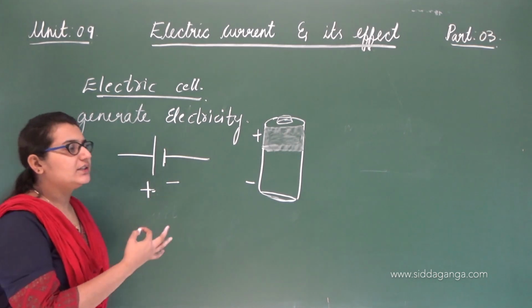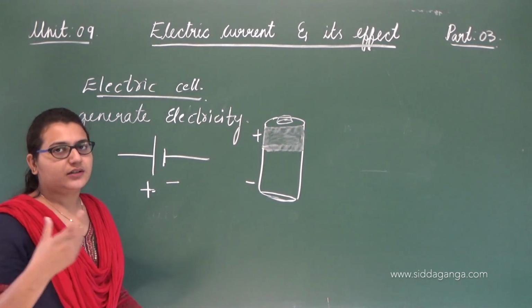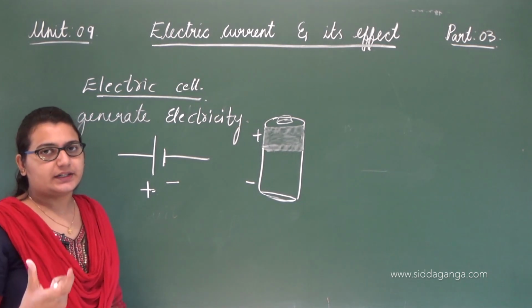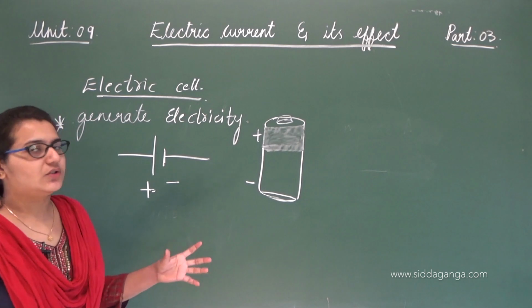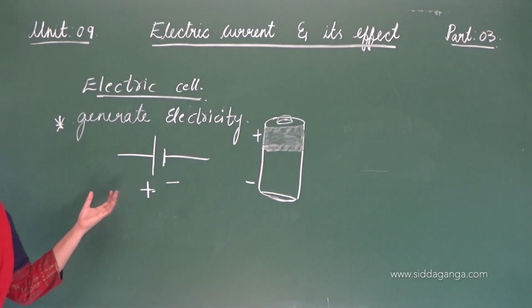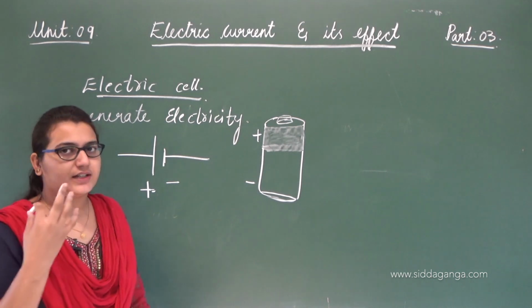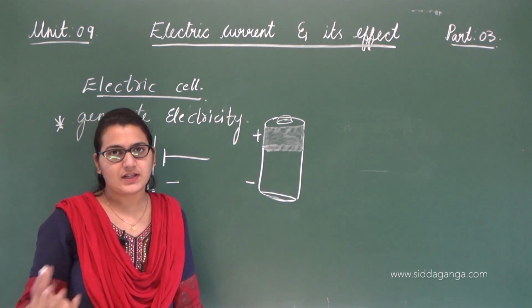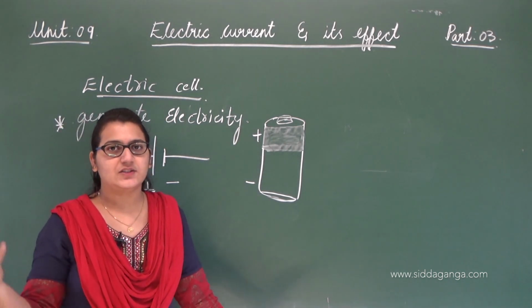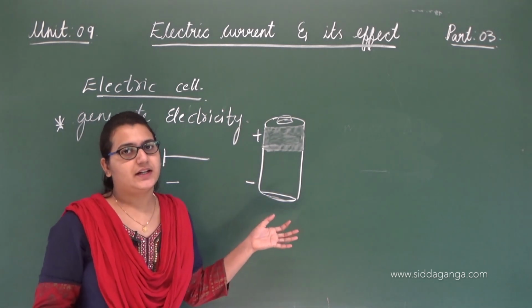So joining these cells, we make a device called a battery. The cell is what we use to generate electricity. If there is no cell, there is no electricity, there is no current, there is no light. So basically this cell is the one which generates electricity.